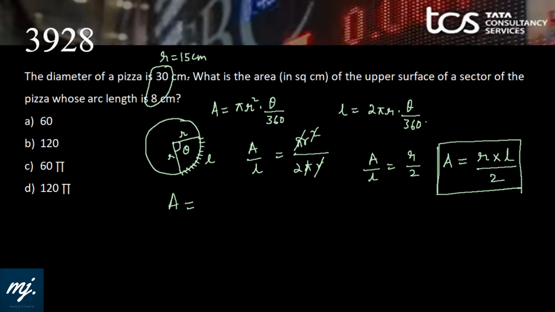Area of the sector is R, radius, that is 15, into length of the sector, that is 8 by 2. 15 into 4 is 60 square centimeter. Answer A fits in.